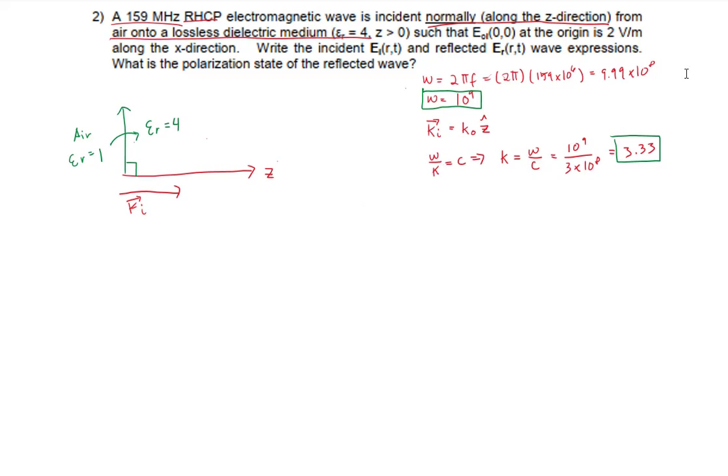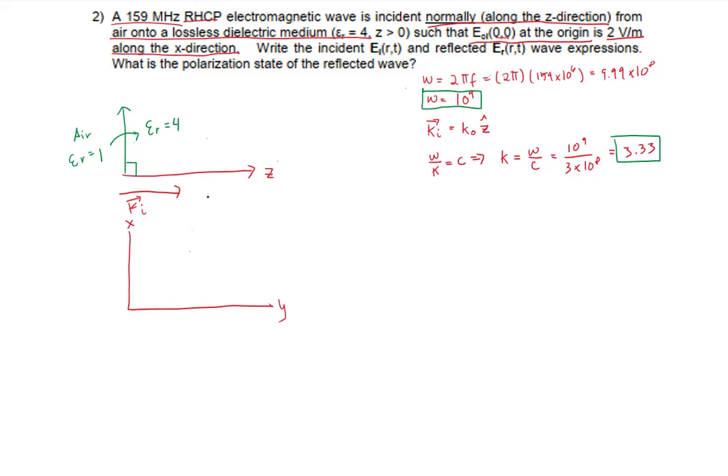Now the next piece of information is that we are given E naught of i at 0, 0 at the origin with 2 volts per meter along the x direction, and that is when we draw our xy plane, because remember we're given 0, 0, so that's x, y.